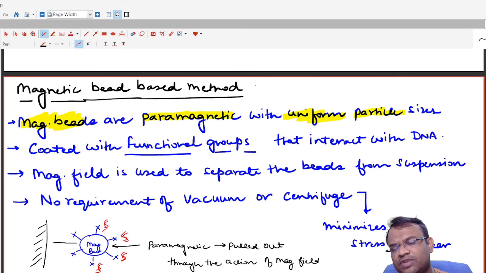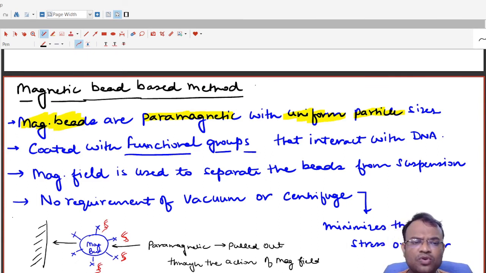The magnetic bead will get attracted to the magnetic field, because the magnetic field will pull the magnetic beads towards itself. Now once the magnetic bead is pulled, because the magnetic bead had the functional groups, and functional groups were interacting with the DNA, so DNA would also come along with the magnetic field.